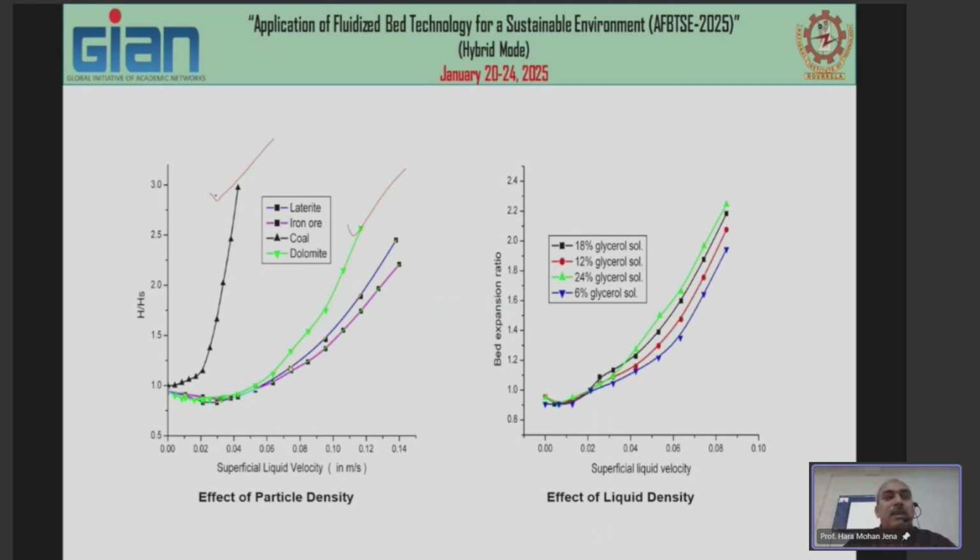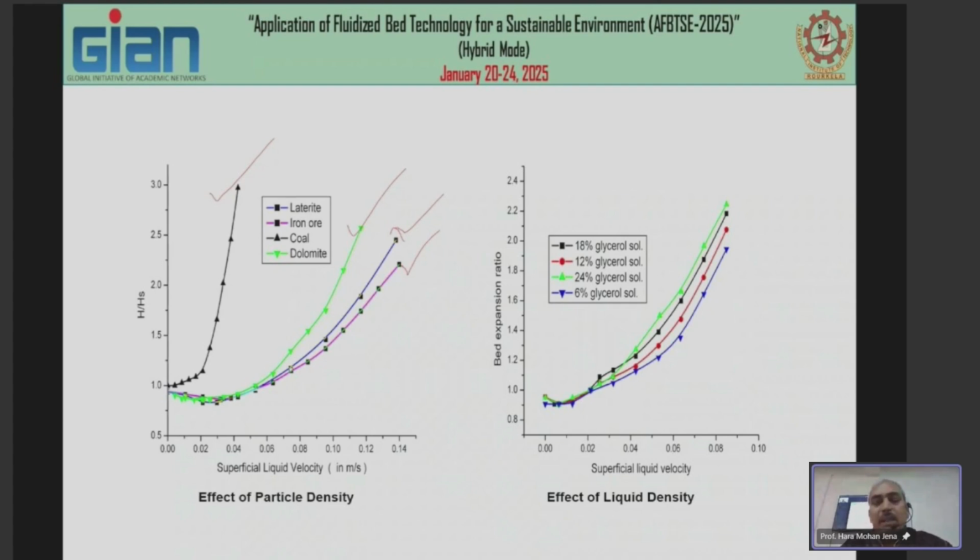Coal has 1.5 to 1.6. This is iron ore, hematite, in the range of 3.8 to 4.2, whereas this is laterite, close to 5 specific gravity. So with the increase in the particle density, your bed expansion decreases.